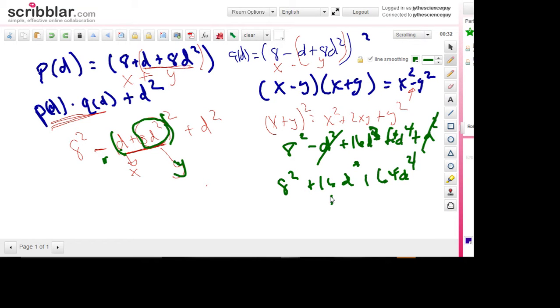left. If you take 16 and you divide it by 2, what do you get? What was that? If you take 16 and divide it by 2, what do you get? 8. So that's this term right here. This is squared, right?